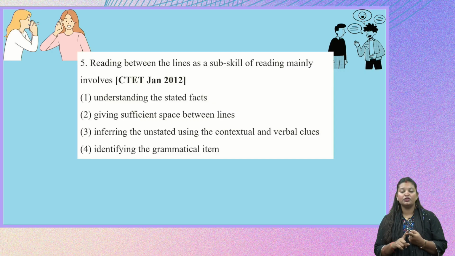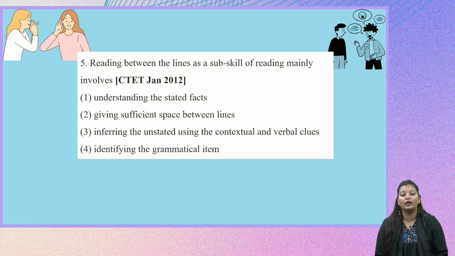So the first option which we should clearly rule out as soon as we read it is giving sufficient space between the lines. That cannot be an intention of a reading skill. So we will remove option 2. Now we have 3 left in front of us. Understanding the stated facts. Reading will not just ask us that. So this is like talking about the comprehension part only.